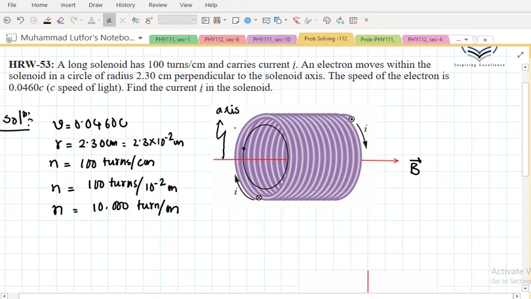Since this is the direction of the current, if I put my thumb over there, my fingers will point towards the right-hand side along the axis. So the magnetic field will be rightward.